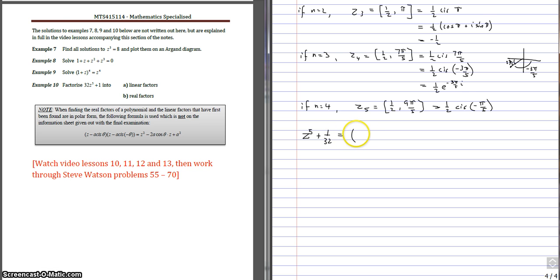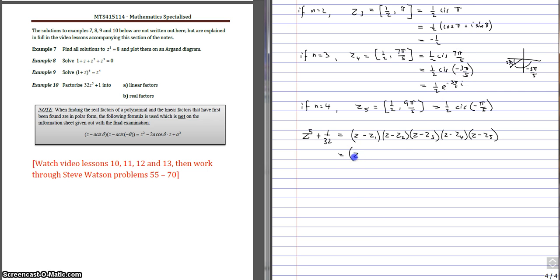That's going to be a product of these factors, z minus z1 times z minus z2 times z minus z3 times z minus z4 times z minus z5. Okay, so these are our linear factors from these solutions that we've worked out before.